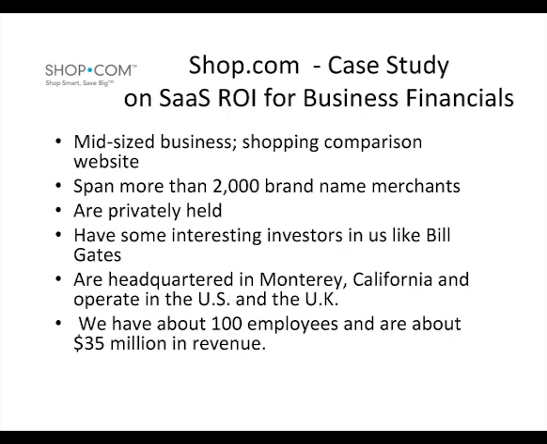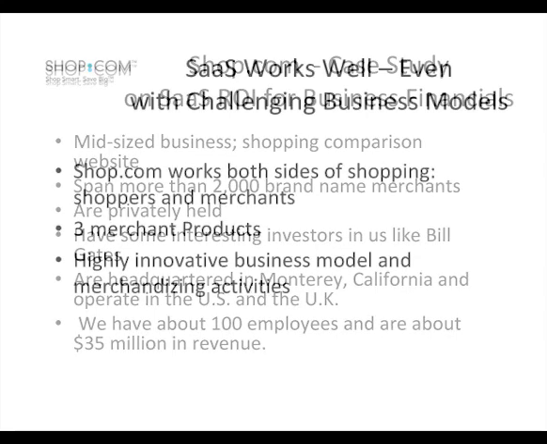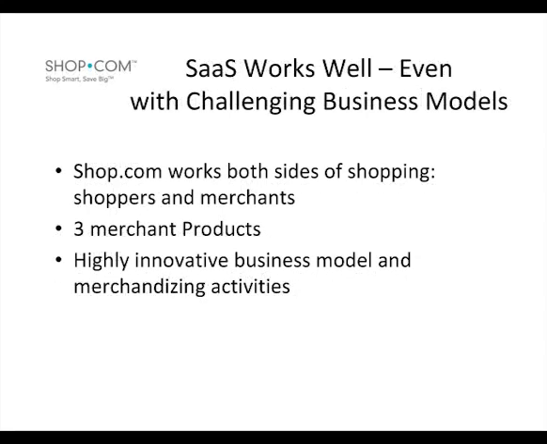We're currently privately held and have some interesting investors over the years like Bill Gates and a few other notable names, which I'll omit at this point. We're headquartered in Monterey, California, and our operations span both the U.S. and the United Kingdom. Although our employee count is just under 100 people, we have annual revenues of about $35 million.